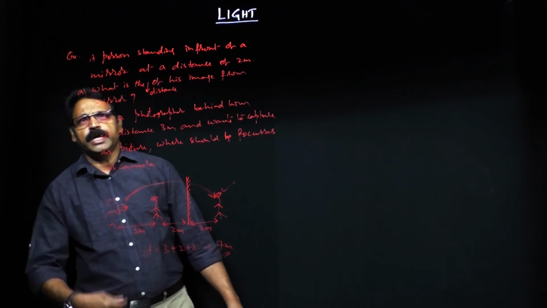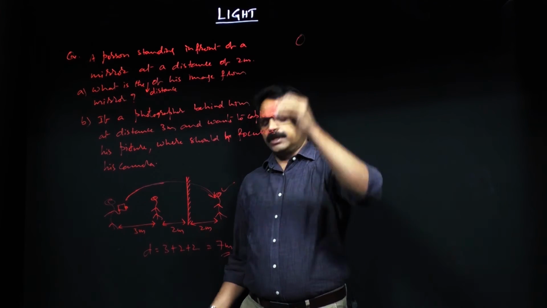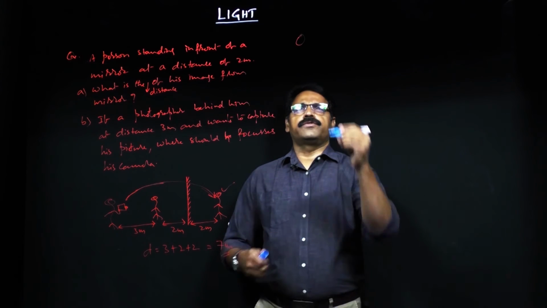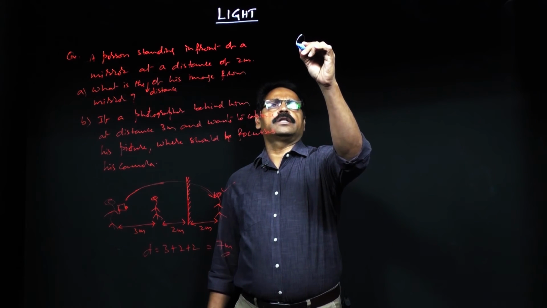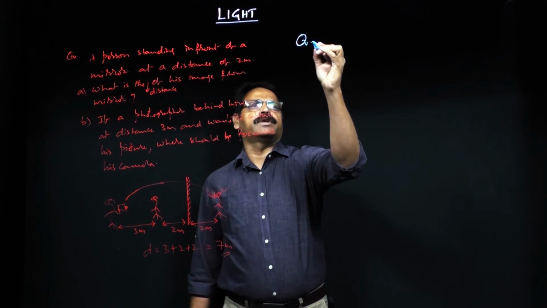And to make you confused, one more question, we'll look into another type of question. From the laws of reflection, we are familiar that angle of incidence is equal to angle of reflection.